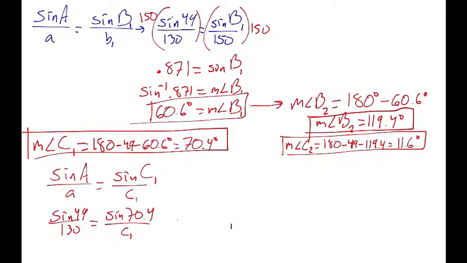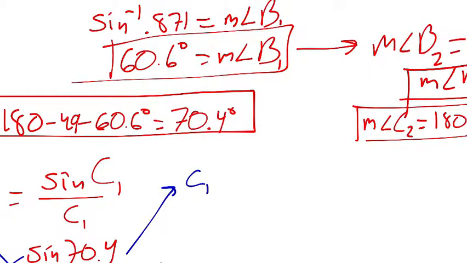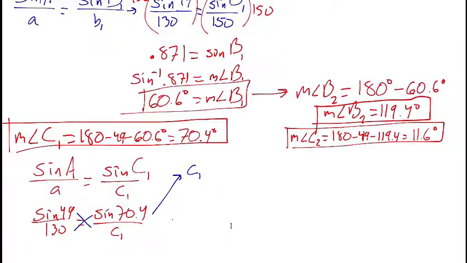Just like normal, cross multiply and divide. So we end up with C1 times the sine of 49 degrees equals 130 times the sine of 70.4.